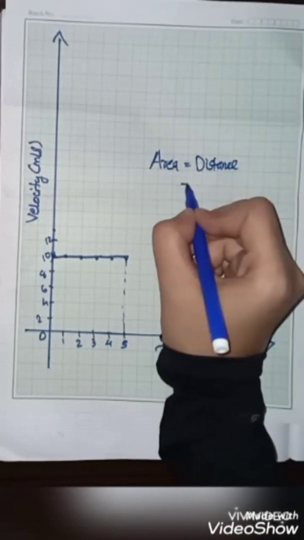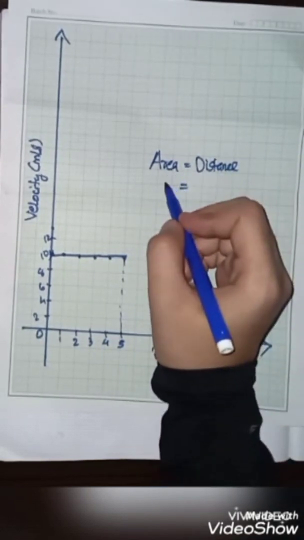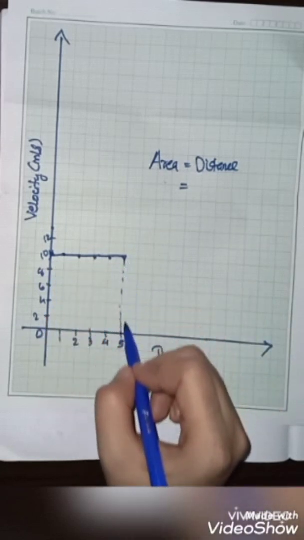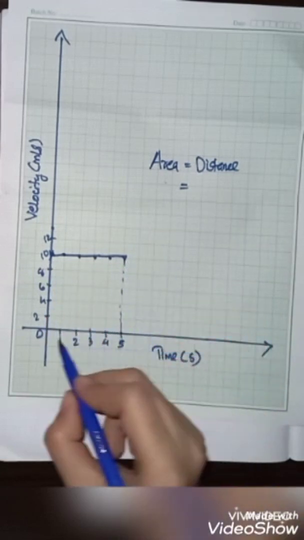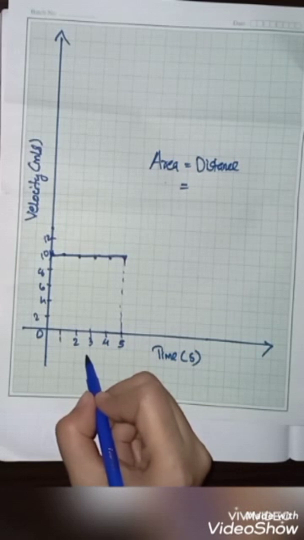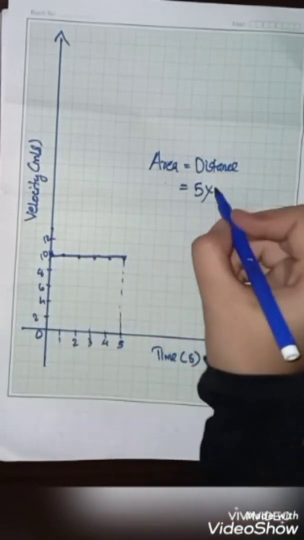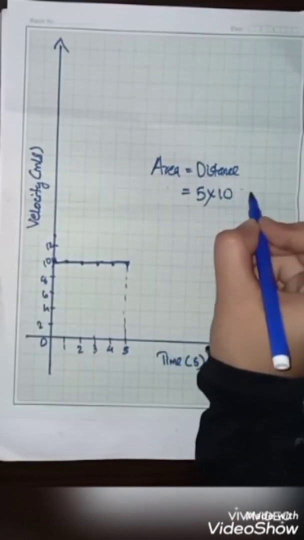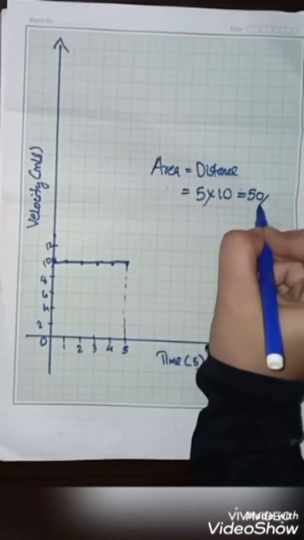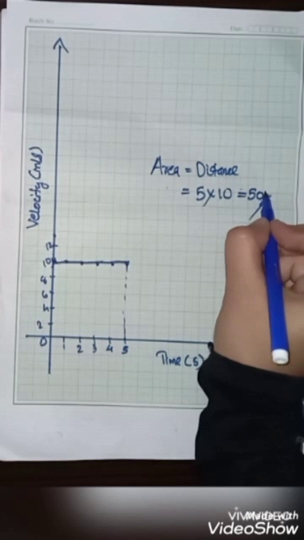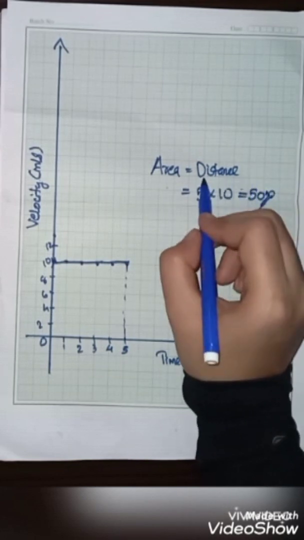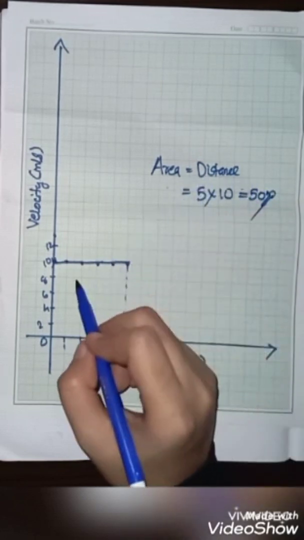Area is equal to, here we get a rectangle, where the length is 5 and the height is 10. 5 into 10, that is 50. That is, 50 meter is the distance covered by this body.